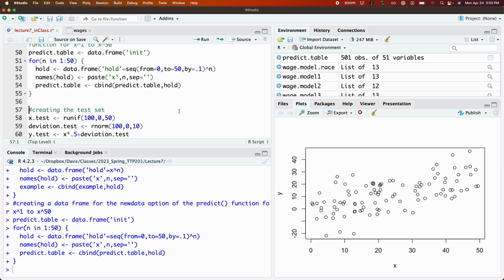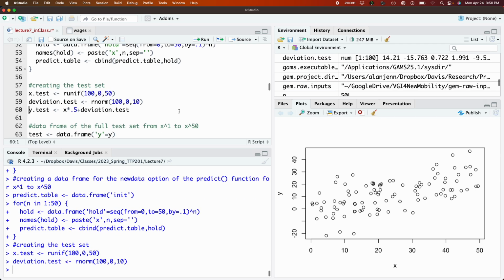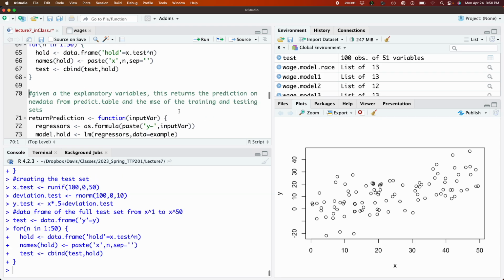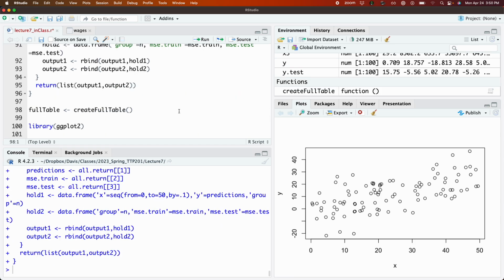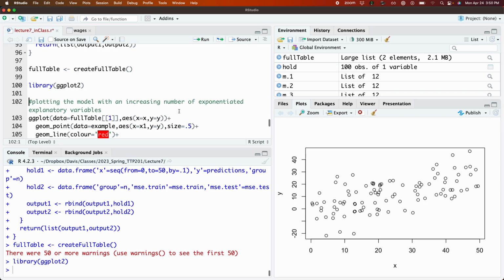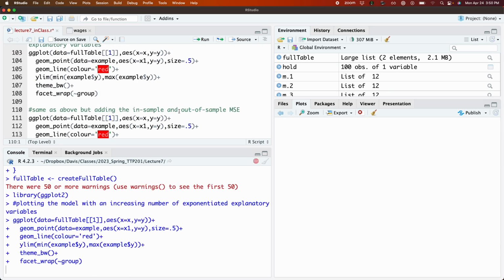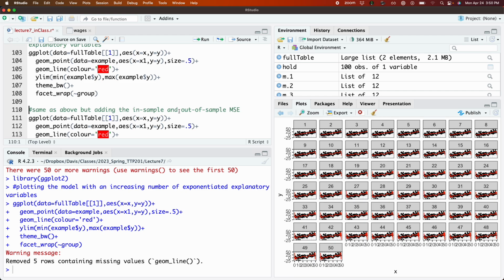That's essentially what's happening here. Don't worry about all the rest of this code. Let's just take a look at this plot. Do you guys remember how I popped this out? Zoom, okay, cool. All right, let me bring this over here.